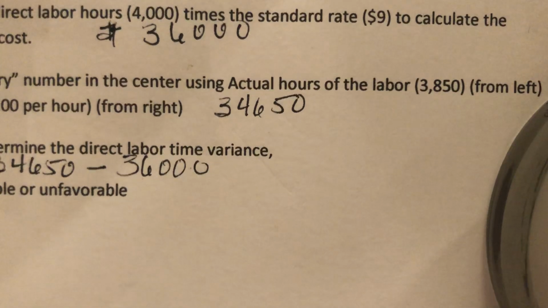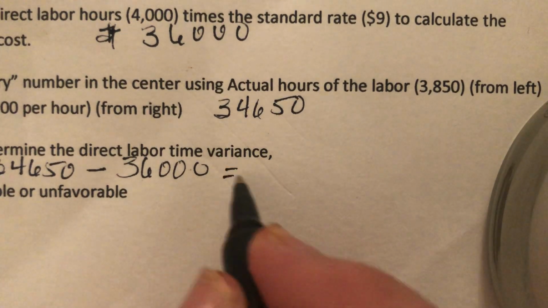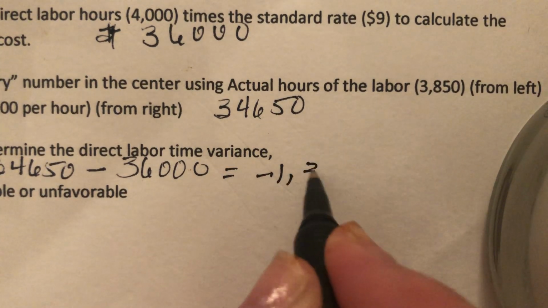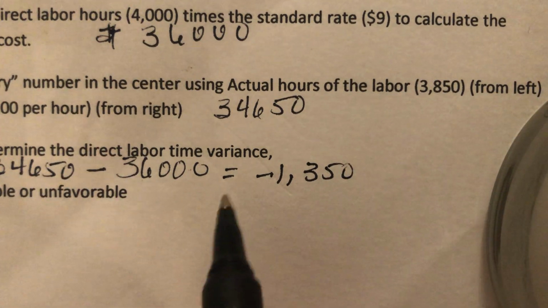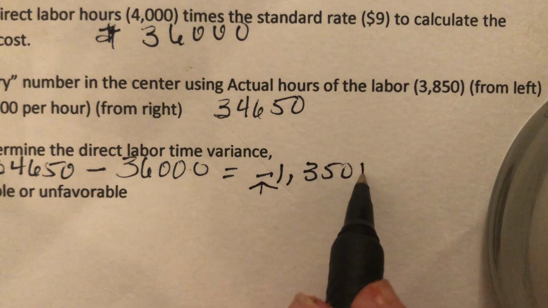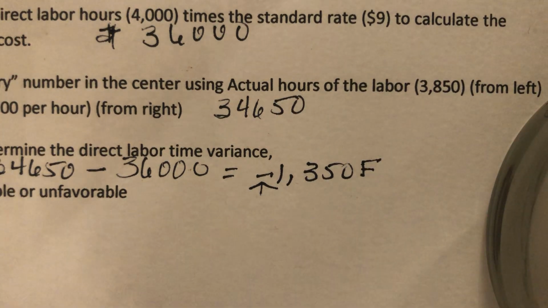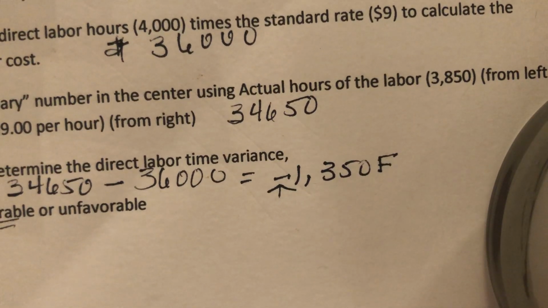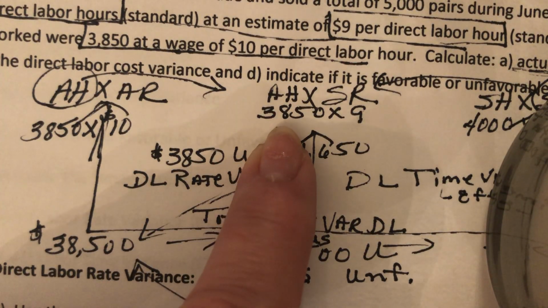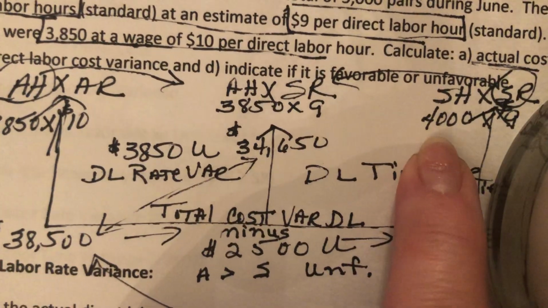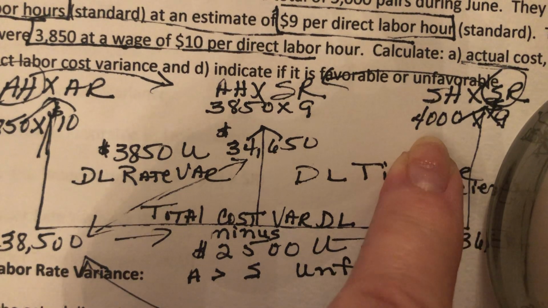Now what we're going to have here is a negative number. A negative number indicates a favorable variance. That may not make sense to you, but if the number is negative, that means that it's going to be favorable. So let me explain how that worked here. What you're looking at is the amount of time that they spent working. The actual hours they worked were 3,850. 4,000 is what we budgeted.